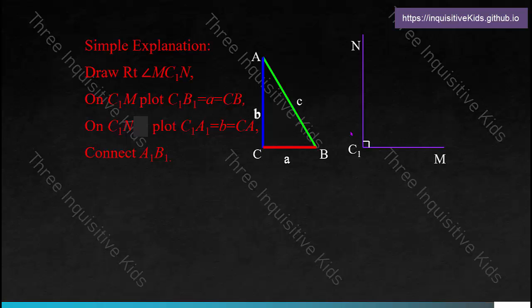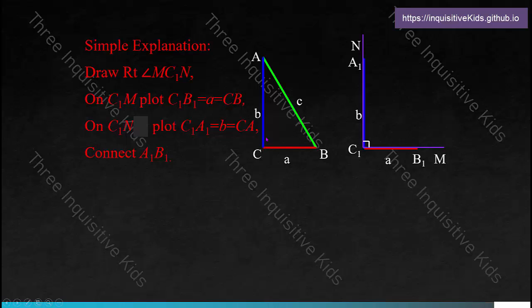Then we're going to plot C1B1, which is a line segment, on C1M. So right now we're going to take the measured lengths of CB and AC, and we're just going to borrow them over here to put on C1N and C1M, just like that. And notice how it only said that their lengths are equal.